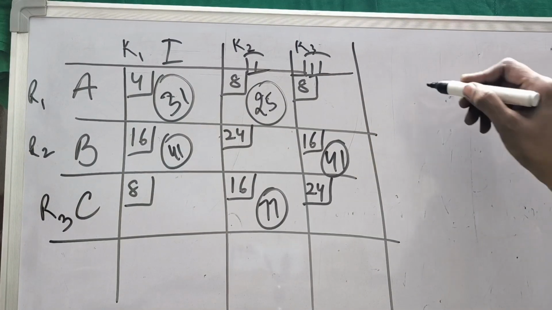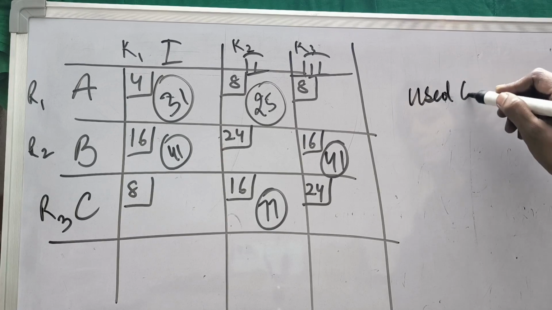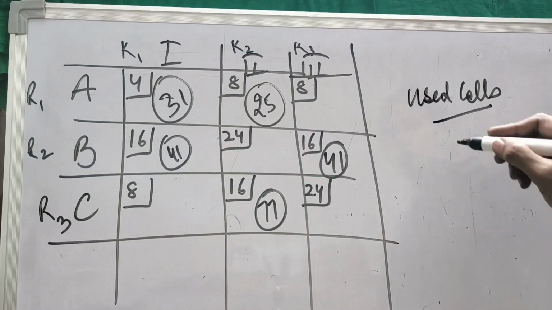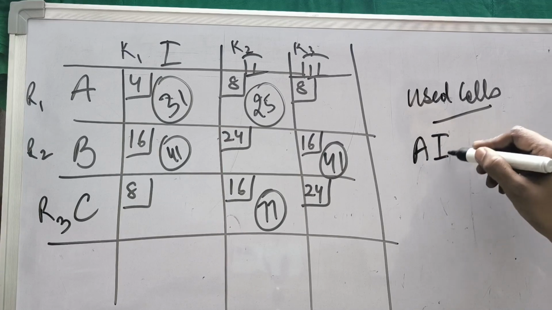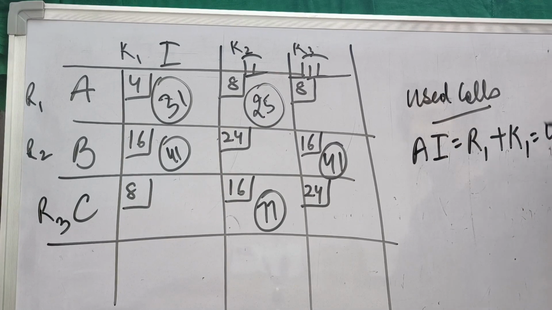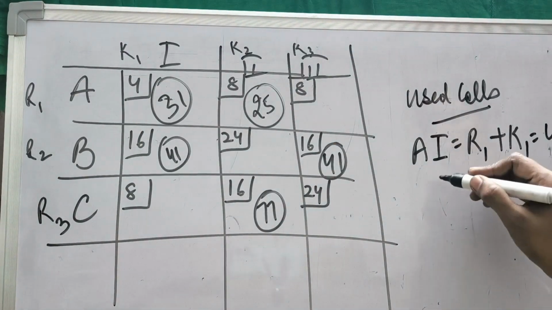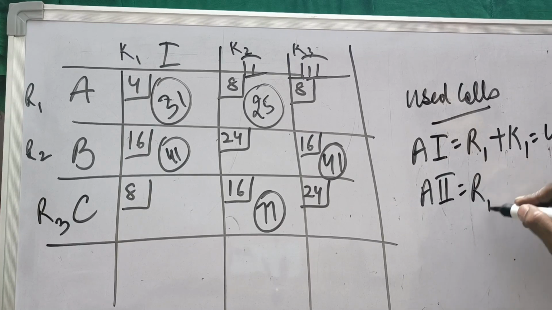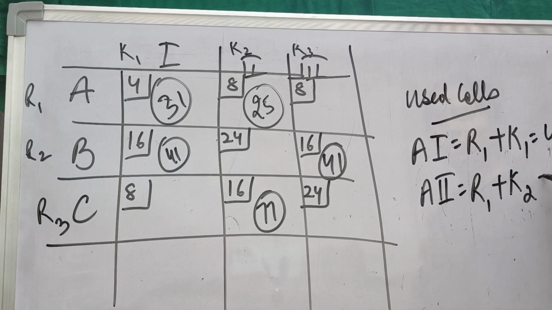Now again we have to start with the used cells that we call stone squares. This is the first used cell. So this is A1. It means R1 plus K1 and its value is 4. Second is this used cell, that is A2 and its value is R1 plus K2 and value is 8.